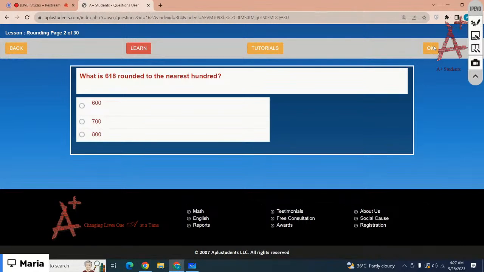What is 618 rounded to the nearest 100? So which is the correct option? You have to round to the nearest 100, right? And the hundreds digit is 6.